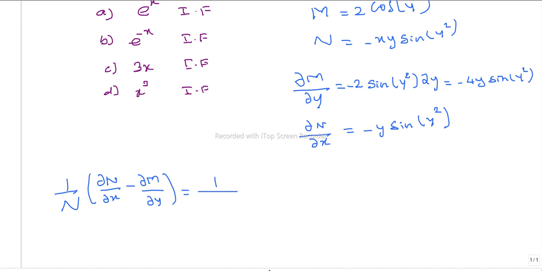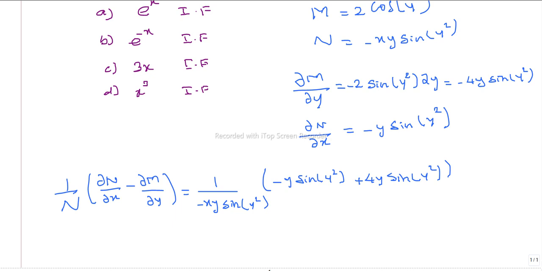So this is equal to 1 by N, which is minus xy sin y square. What is dou N by dou x? It is minus y sin y square, minus, already minus there, therefore plus 4 times y sin y square. So minus 1 times, this is 4 times, so therefore 3 times y sin y square.